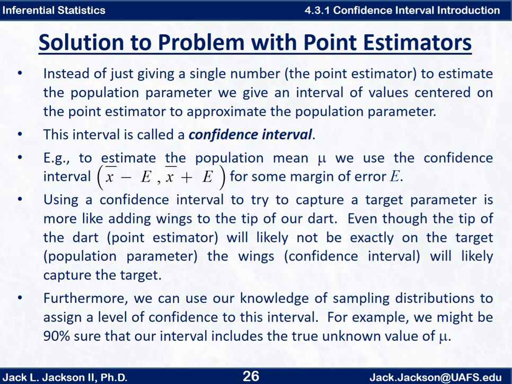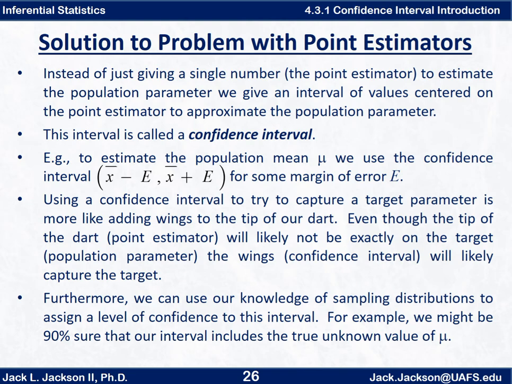So we've taken our single dot, the tip of our dart, and we've given it wings. We've stretched it out on wings of width e on both sides, and hopefully somewhere between x bar minus e and x bar plus e, the true mean mu is actually in that interval.